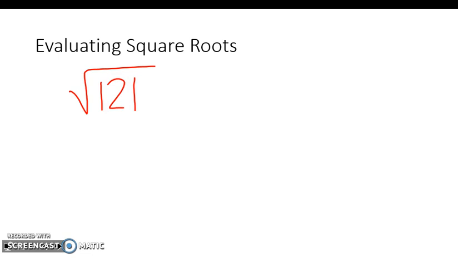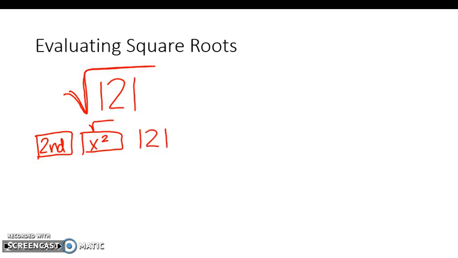So remember, when you are asked to punch this into your calculator, you are going to hit the second button, and then you're going to hit the x squared button, and if you see right above that, it has that little square root symbol, and then type in your number, and then hit enter. So the square root of 121 is equal to 11.